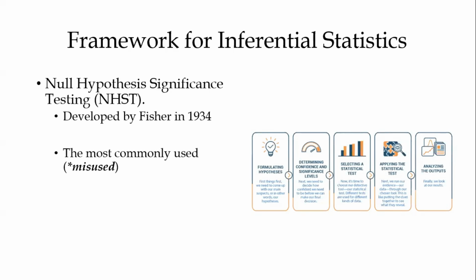So it's the most commonly used, but I've put in brackets 'misused', and we shall see how this concept has been misused, so to speak. And we shall look at how you can get around some of the issues around this.